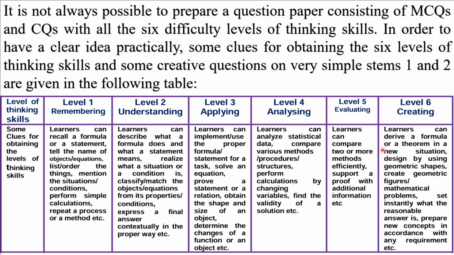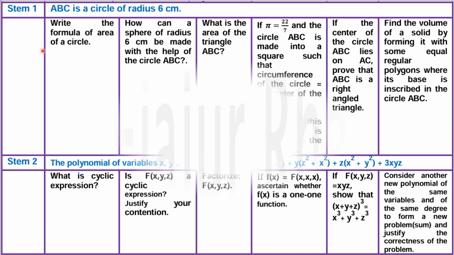Learners can derive a formula or a theorem in a new situation, design by using geometric shapes, create geometric figures or mathematical problems, set instantly what the reasonable answer is, prepare new concepts in accordance with any requirement, etc.